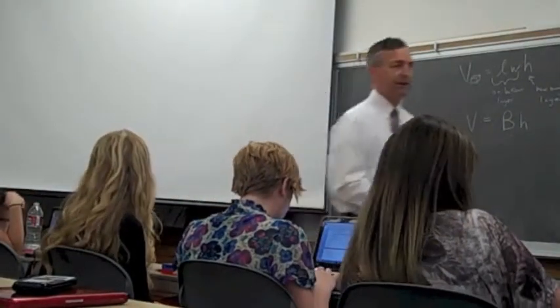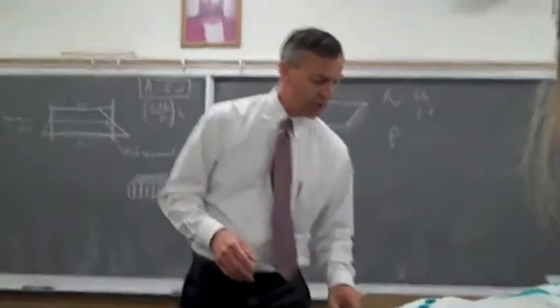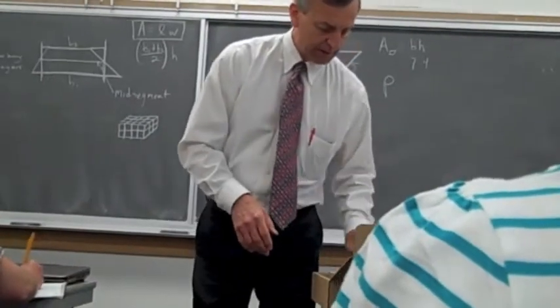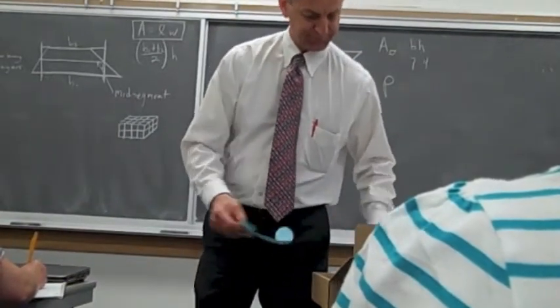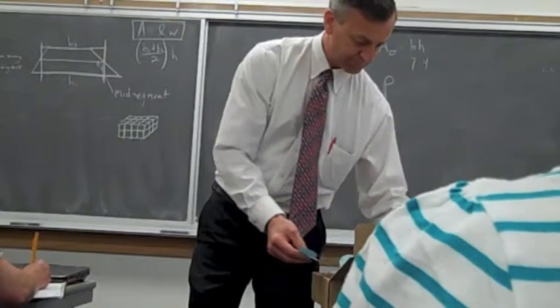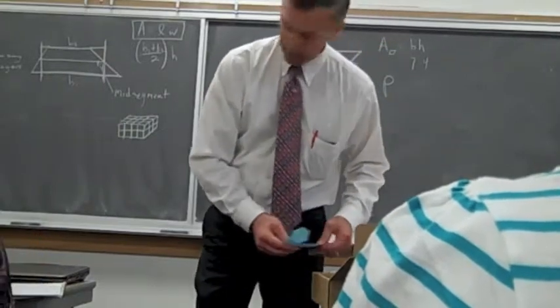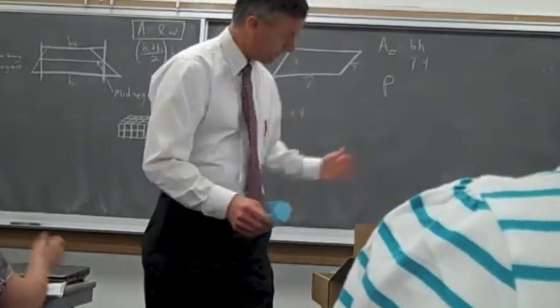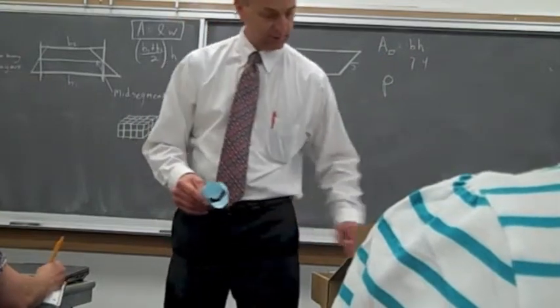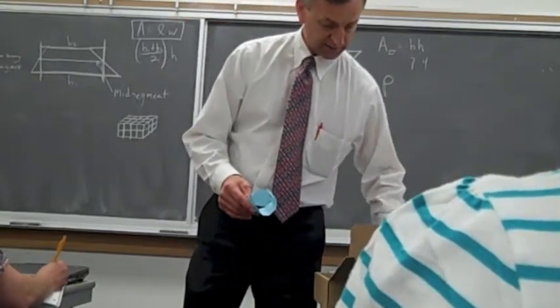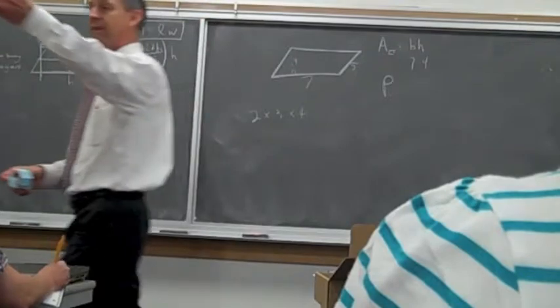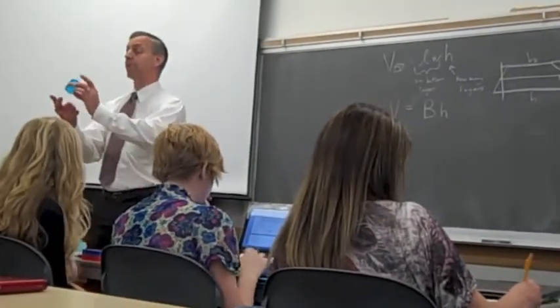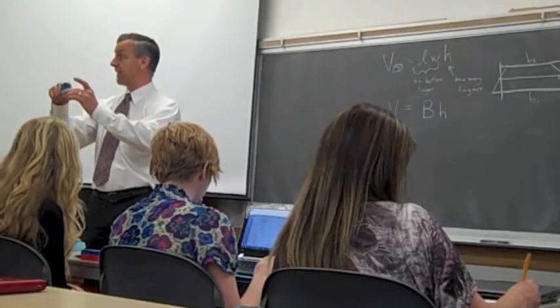One way of thinking about that would be to build a net. So, for example, if I had the hexagonal prism, there it is. If I had this and I wanted to find its surface area, I would find the area of this hexagon, the area of that hexagon.